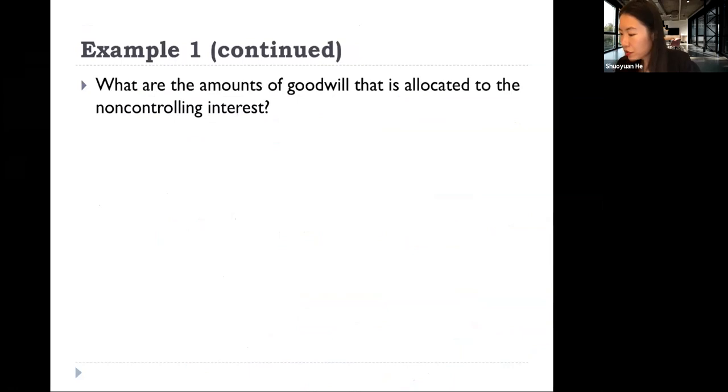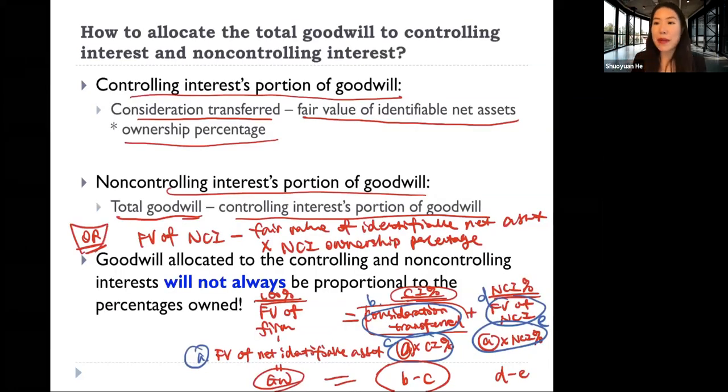So those two are going to give you the same answer in calculating non-controlling interest portion of goodwill.